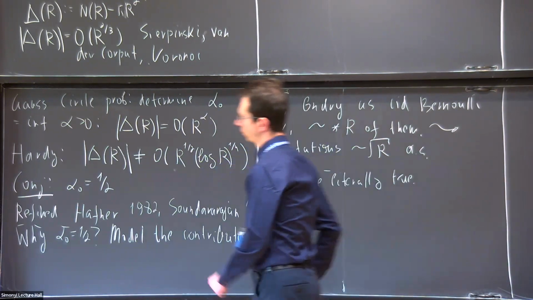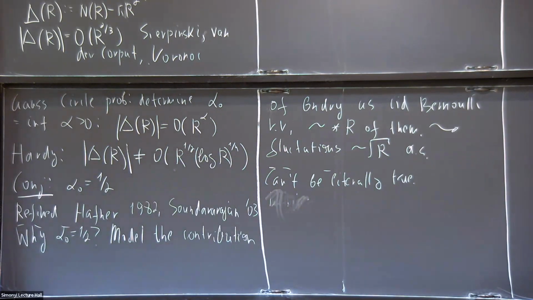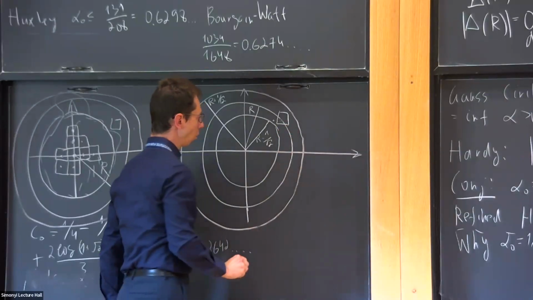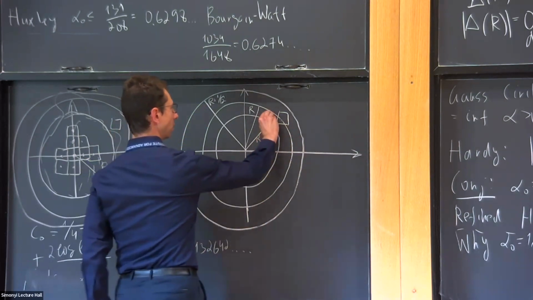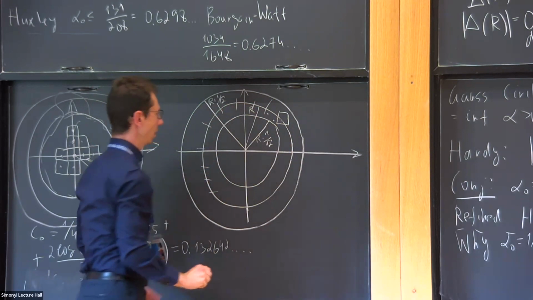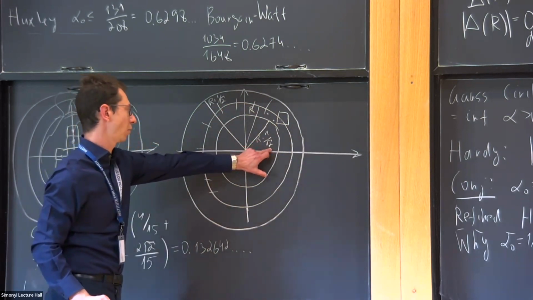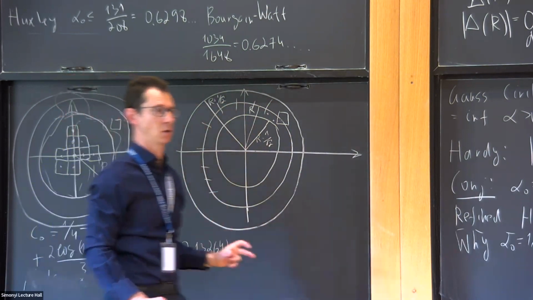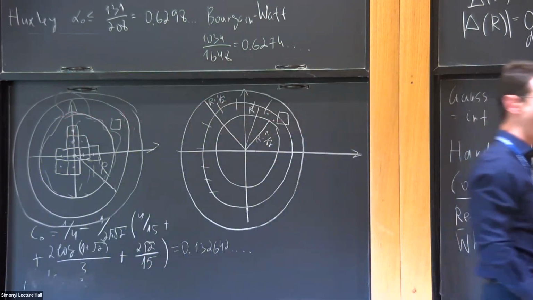So what are the squares that are around the boundary? It's quite obvious from the picture that we need to take all those lattice points lambda that are in this annular area between R minus 1 over square root of 2 and R plus 1 over square root of 2, because half of the diagonal of the square is 1 over square root of 2.